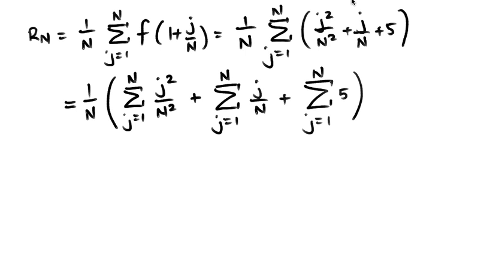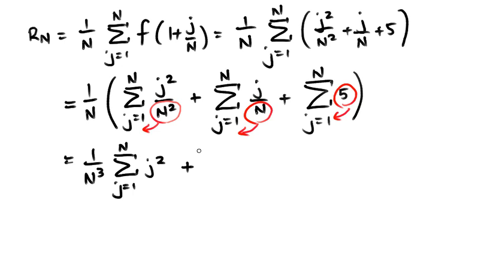So I can apply the sigma notation to each part, and then I can think about simplifying out each of these constant terms. J is changing, but the n value, it'll go to infinity, but it isn't changing, so we consider that a constant. So simplifying that out and distributing the 1 over n to all three terms gives me 1 over n cubed as the j squared comes out.